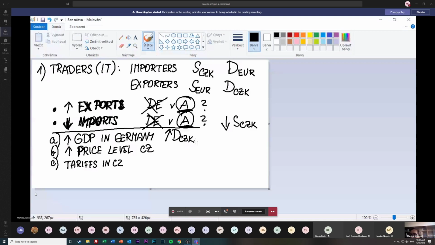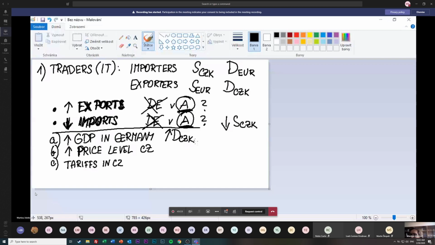You know it. If there is increasing demand for any product, the price of it is increasing. The same is true for the Czech crown, so the Czech crown will appreciate.